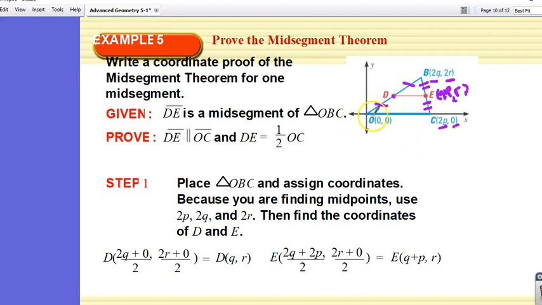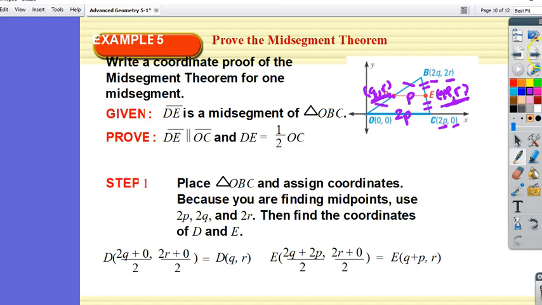Over here, you'd have Q comma R. So you have these points. You can find their distance by throwing it into the distance formula. Here, you can do the distance formula to find out that this distance is 2P, right? You're going from 0 to 2P, it's 2P. So you're going to show that this equals P by using the distance formula with these two. And then it proves that it's half. Does that make sense? So you're literally just doing the math.